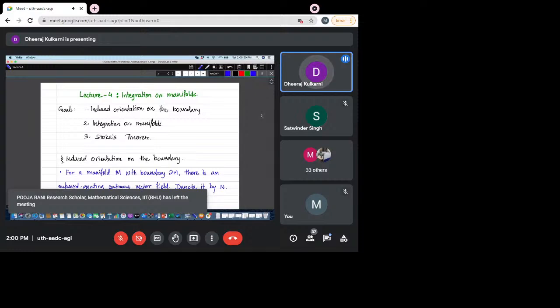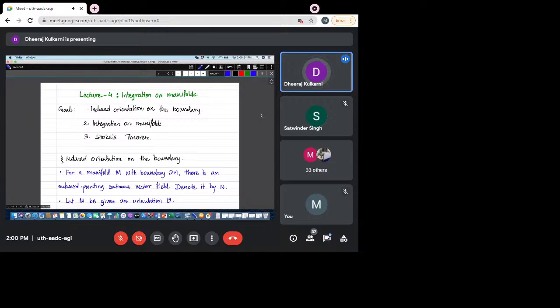Okay. So, yesterday we were defining the orientation, the induced orientation on a boundary of an oriented manifold. The fact that I was trying to get at by drawing pictures, I'm going to state that fact, and I will invite you to come up with proofs.